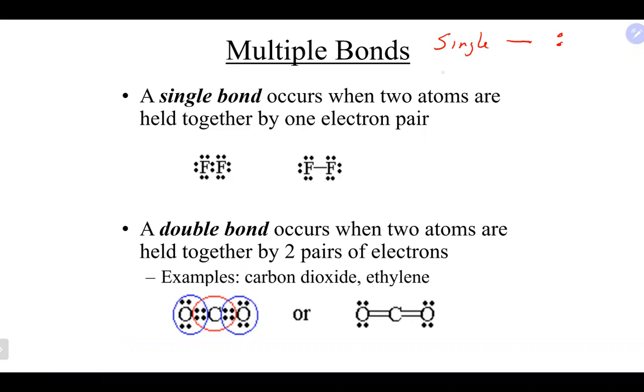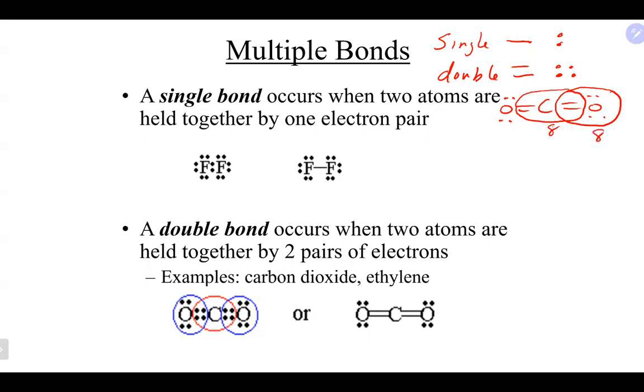A double bond is basically 2 lines, or 2 pairs of electrons, for a total of 4. That's what happens with CO2, which is on the bottom. I'll just sketch it up here so you can see it. The carbon in this case needs to double bond with the oxygen on both sides to get to 8 valence electrons. The oxygen as well, by double bonding, gets to 8, and this oxygen also gets the 8 valence electrons.